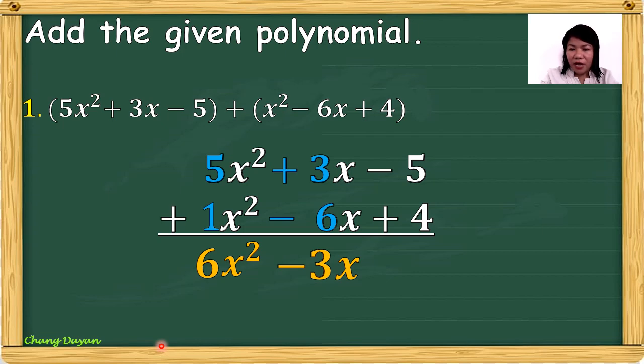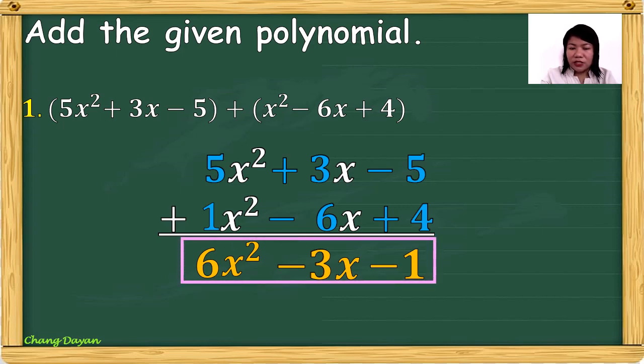Next, negative 5 plus 4 will have negative 1. Therefore, 5x squared plus 3x minus 5 added to x squared minus 6x plus 4 will have the sum of 6x squared minus 3x minus 1.